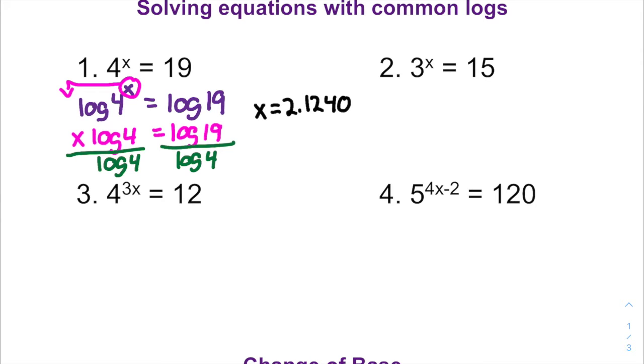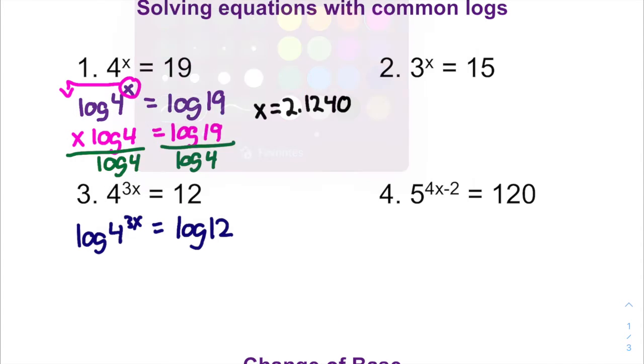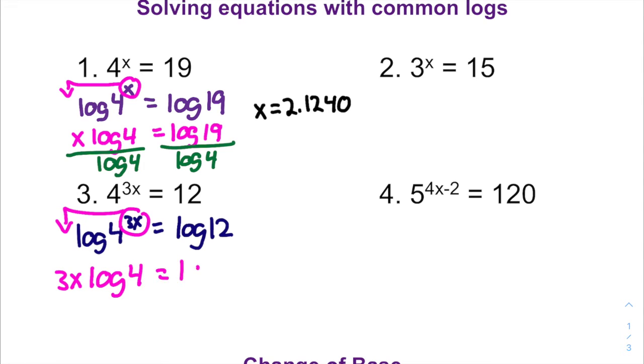Problem number 3, which is fairly similar, we're going to go ahead and log both sides. We cannot make common bases here, nor do we have any information, but what we can do is log both sides as like an operation, doing it to both sides of the equal sign. Using the power property, we're going to take the exponent and multiply by the log of 4.